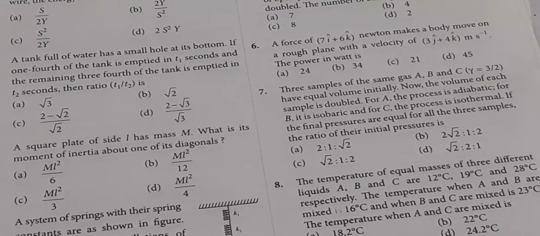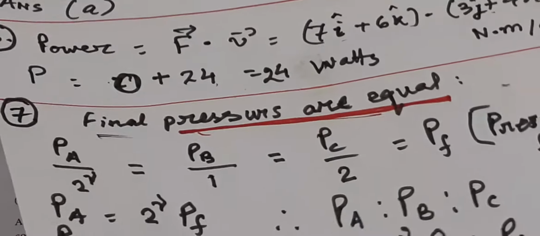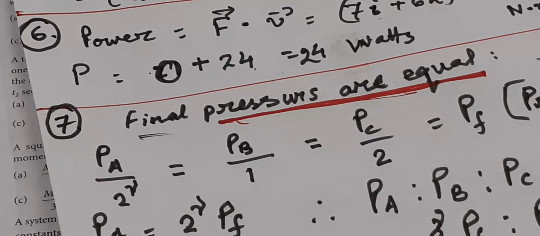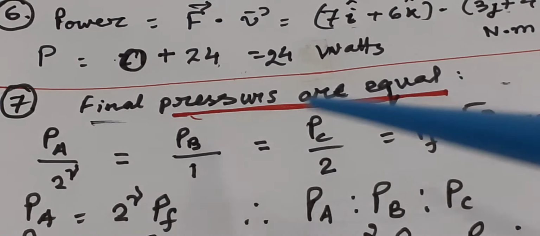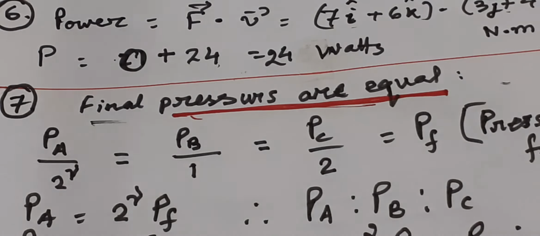Now this question is simple. You can start in this way. We know the adiabatic process, which is given first: P1 V1 to the power gamma equals P2 V2 to the power gamma. We are interested in the initial pressure.